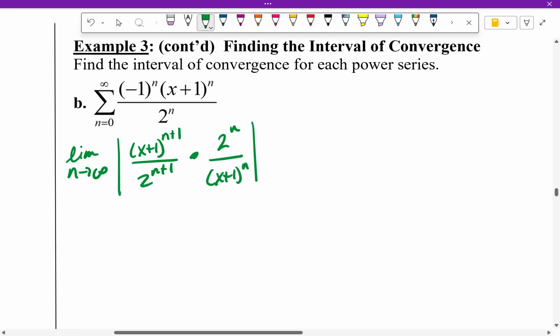Okay, here's what I want you to do. You should be able to expand it and cancel, right? Do that part. Try to get it less than 1. And if you get that far by the time I say, let's check it together, see if you can get at least the interval. Don't worry about doing the tests and plugging in. At least try to get to your interval piece, just like we did on the last one.